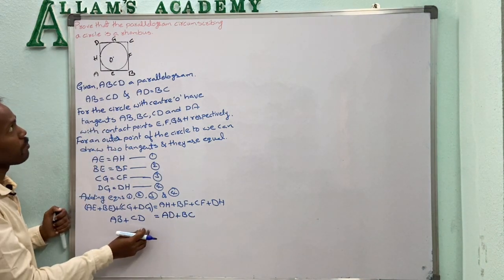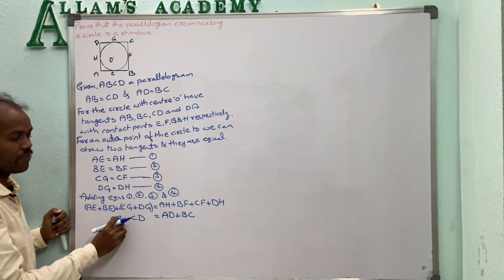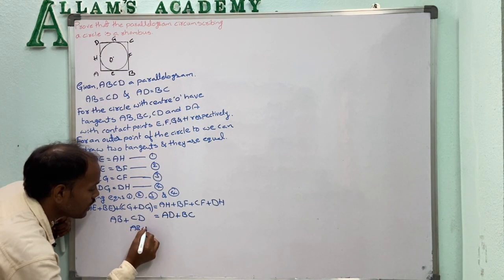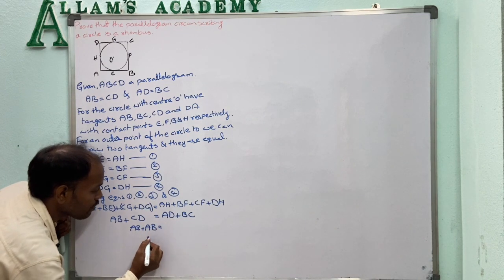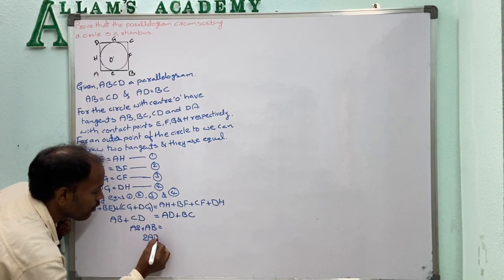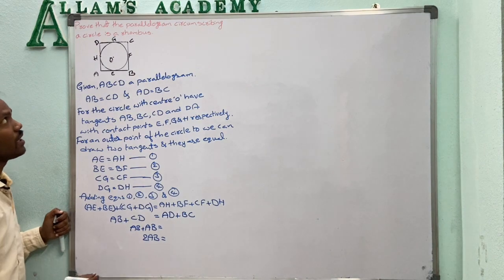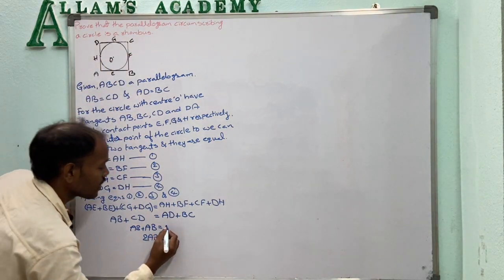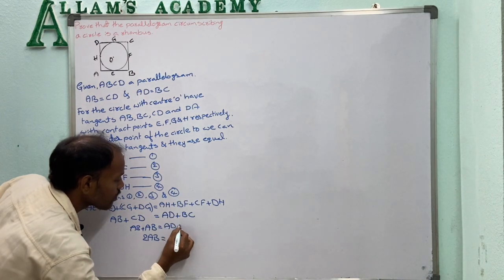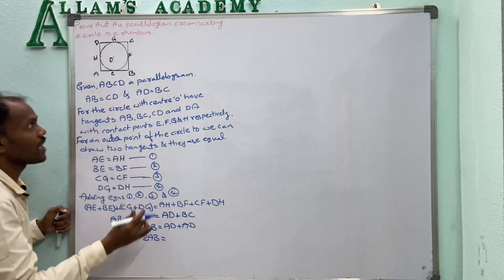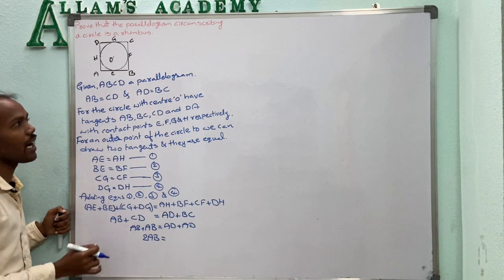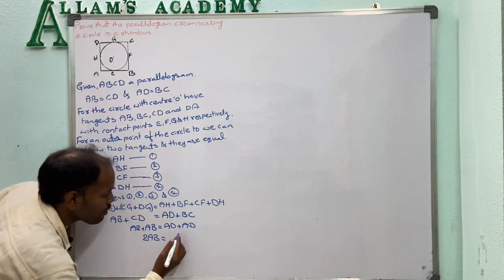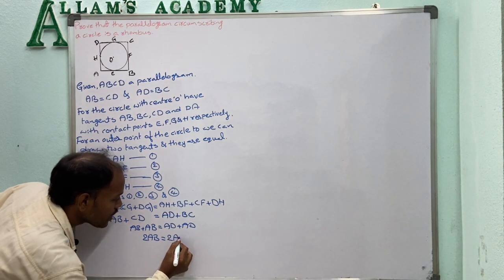Now in the place of CD, if I write AB, then AB plus AB is 2AB. Next, in the place of BC, if I write AD, because we already said ABCD is a parallelogram, which means opposite sides are equal, so AD plus AD means 2AD.